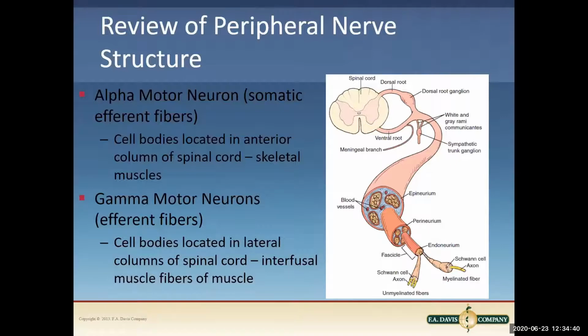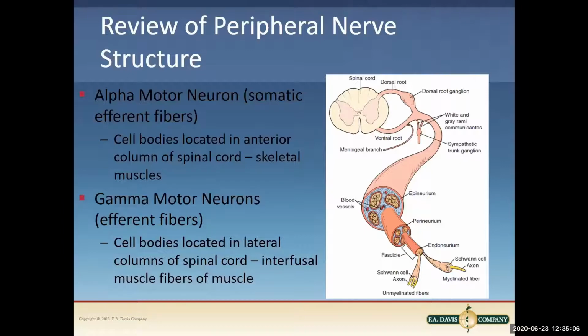And this is going to come into play pretty heavily when we talk about upper motor neuron injuries versus lower motor neuron injuries. That's not this class, that's next class, that's Rehab 2, right? And we're going to have to know where those cell bodies are because that'll help us tell what kind of an injury they have and what the symptoms are going to be like, right?